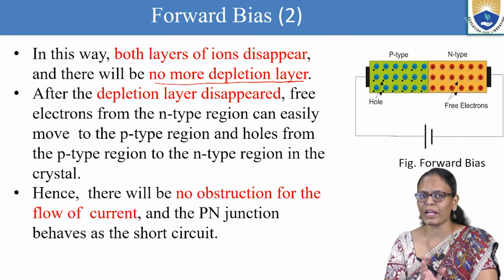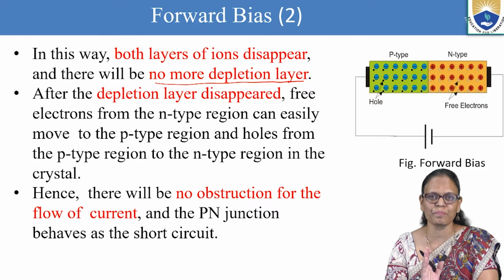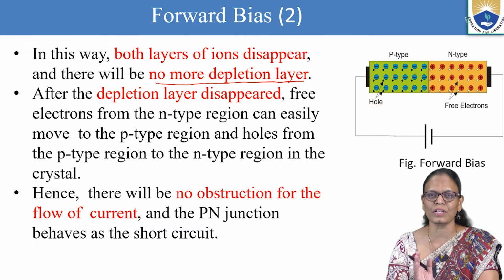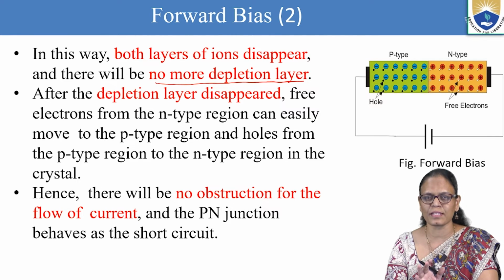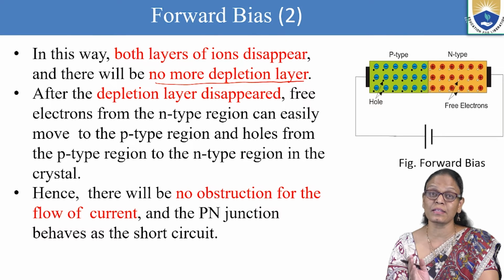So how are we doing it in forward biasing? We have connected P to the positive and N to the negative of the external supply. Because of this, what is happening? The electrons from the N side start moving towards the positive terminal, and the negative terminal is repelling the electrons on the N side and they are pushed across the junction.